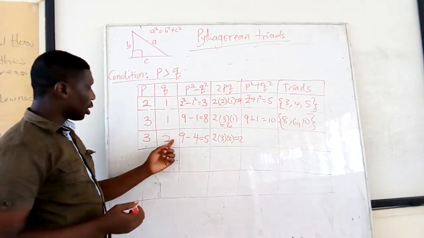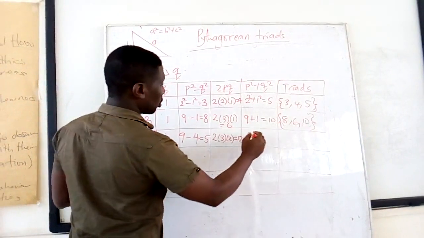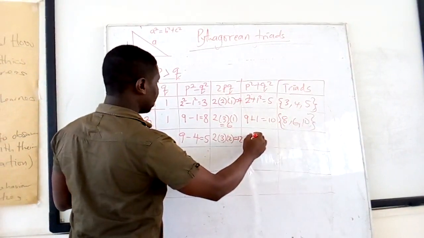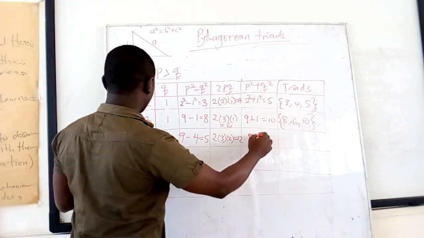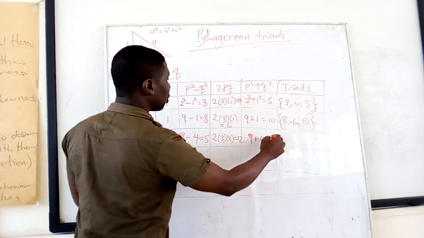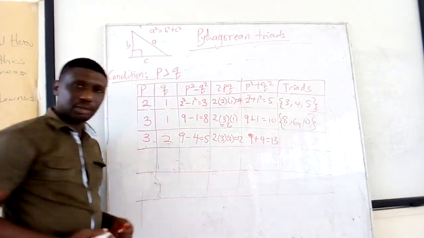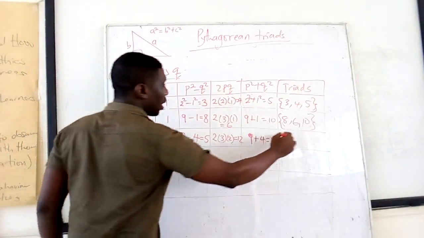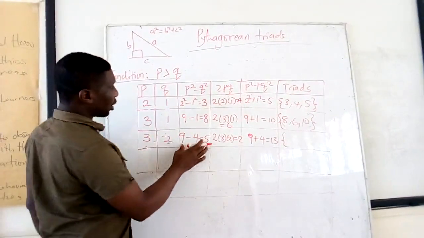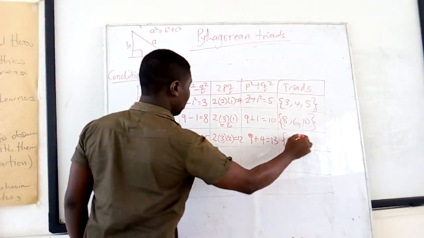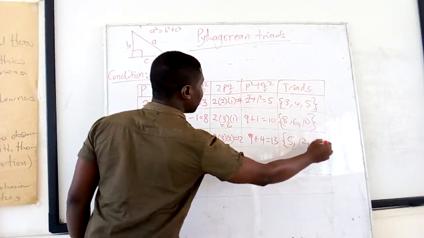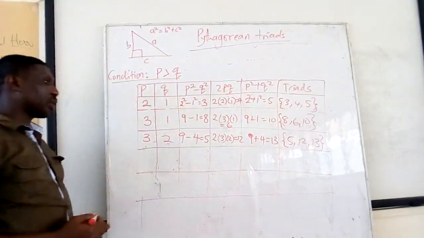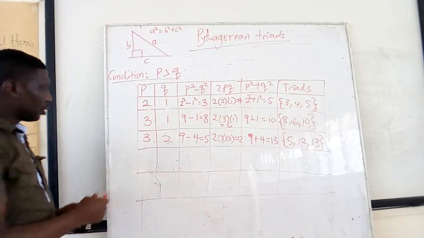And then also 3 squared, which is 9, plus 2 squared, which is 4. So you are going to get 13. So we have another triad, which will give us 5, 12, and 13. You can go on and on and on.